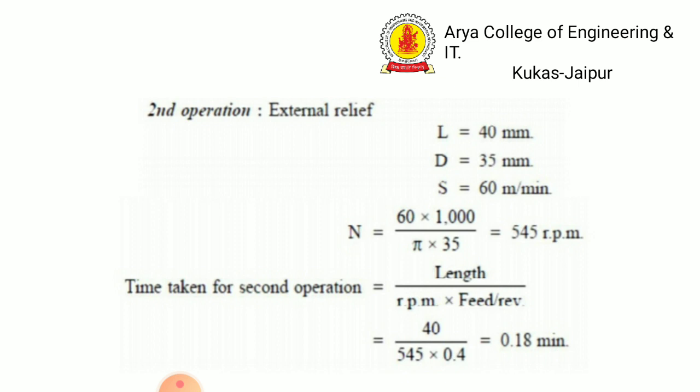So 545 rpm in the second operation. Now time taken for the second operation equals length divided by rpm times feed per revolution. Putting in the values, 40 divided by 545 times 0.4, so time taken for the second operation is 0.18 minute.